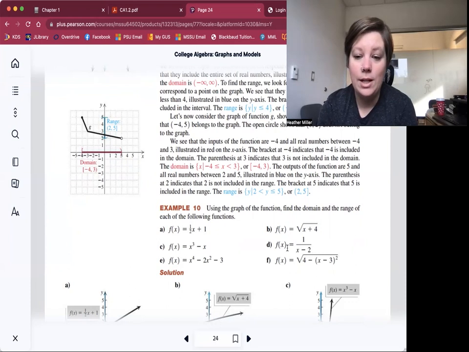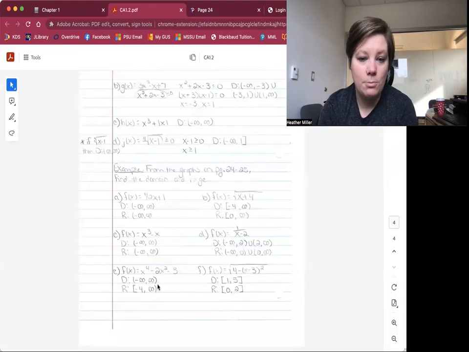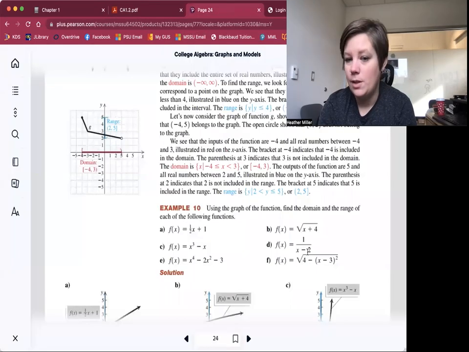So we need to eliminate that 2 from our domain. And when we eliminate that 2 from our domain, we have negative infinity to 2 union 2 to positive infinity. Now, here's what you need to think about though: in this equation, if I put 2 in there, what value do I get out? Well, I don't get anything because I get 1 over 0, which is not allowed.